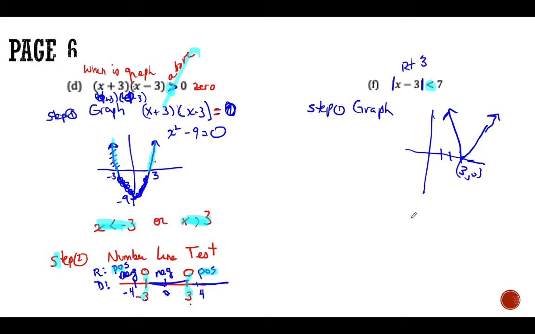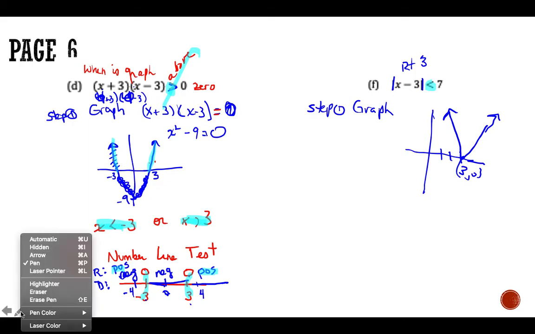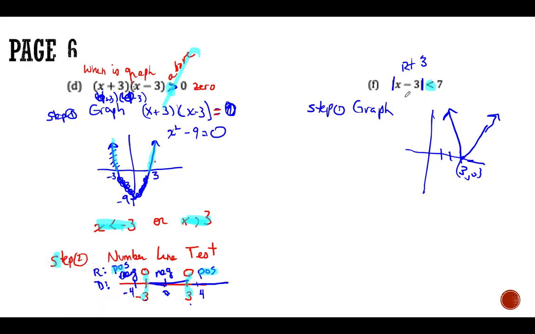Look at what the question is asking you. The question is asking you, when is this graph below 7?